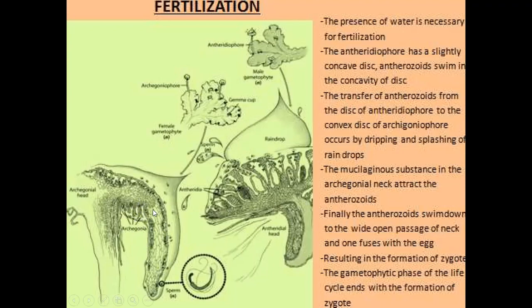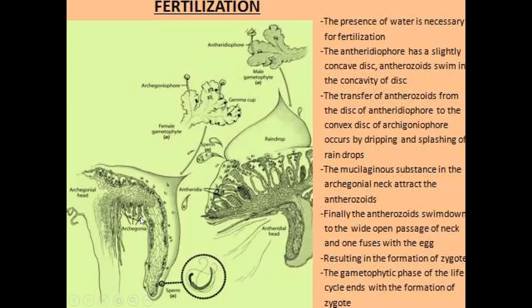So as the water drop along with the antherozoids reaches the female receptacle, the archegonia attract the antherozoids towards it, and these antherozoids swim down towards the venter region, passing through the neck.